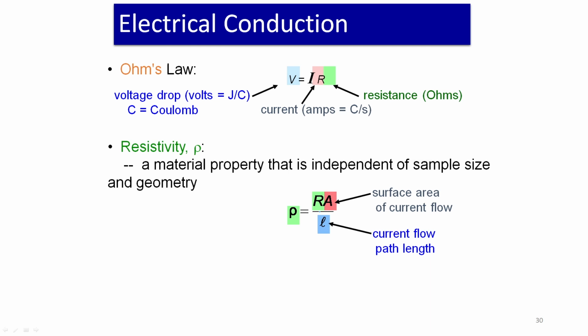And this rho is independent of these, it is basically a material property. We can use this to differentiate between conductor, semiconductor and insulator. We can also define conductivity. Conductivity is nothing but 1 by rho. So, either you discuss electrical conduction in terms of rho or in terms of sigma. Remember this sigma is not the same as the stress, this is the electrical conductivity.